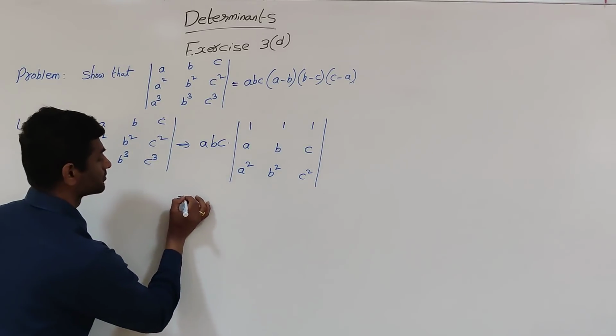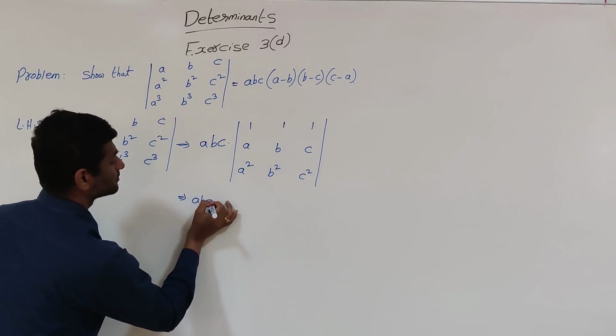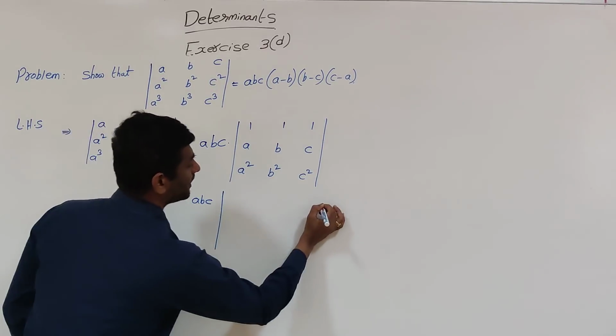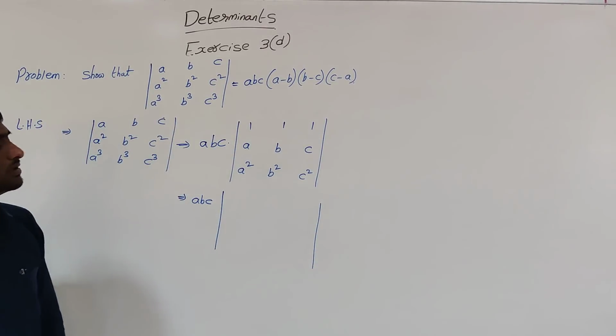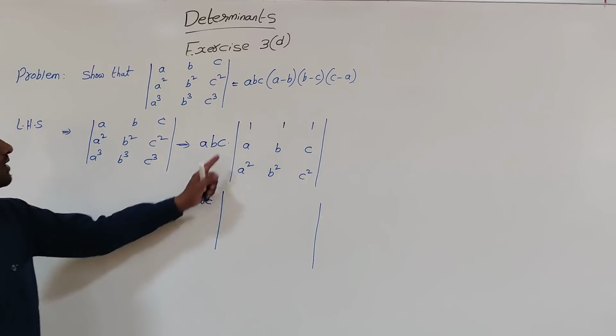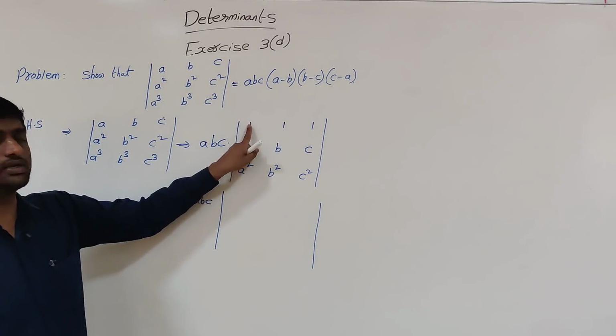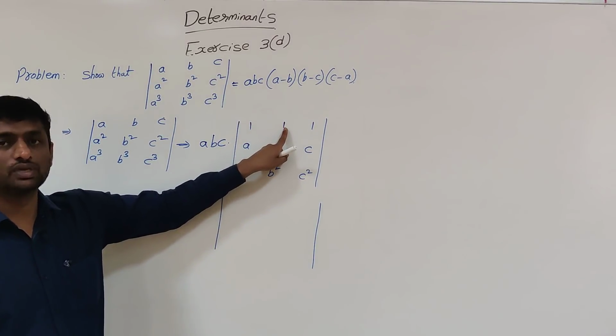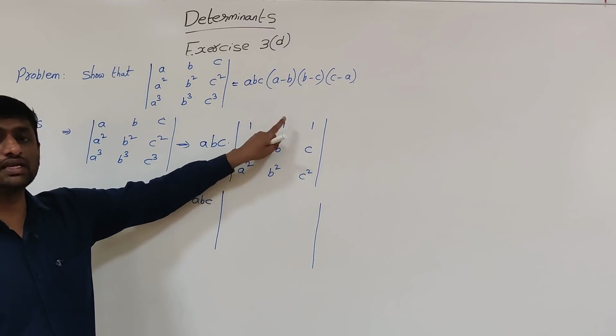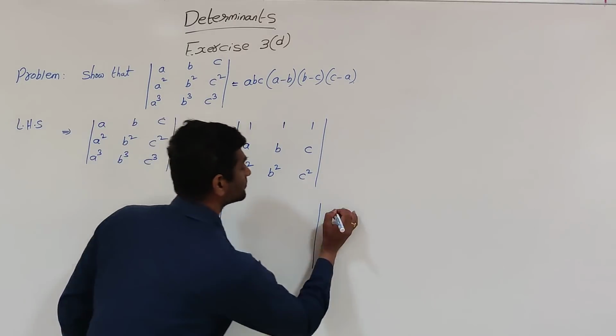Now A, B, C. So again, here in column 1 there is 1, in column 2 there is 1. We can transform by what operation?